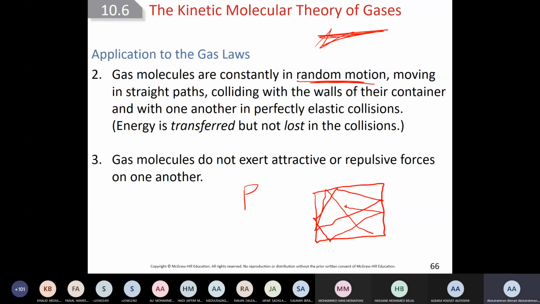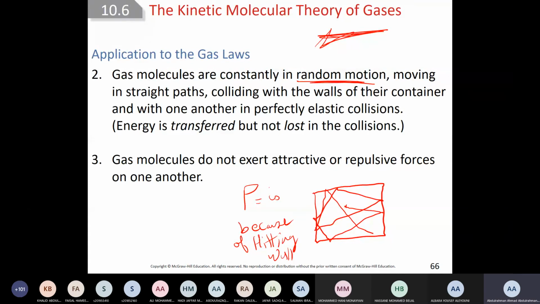The pressure is caused by hitting the wall of the container.